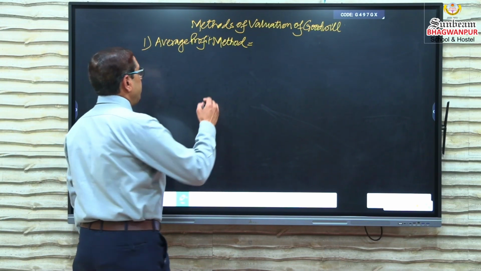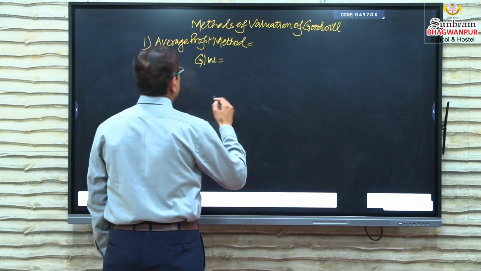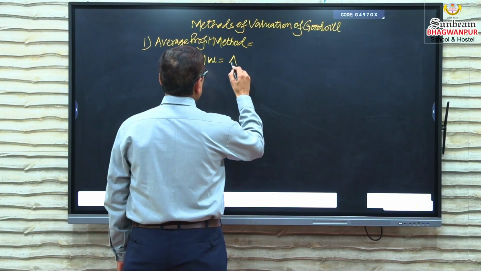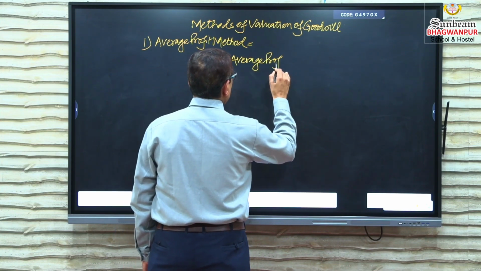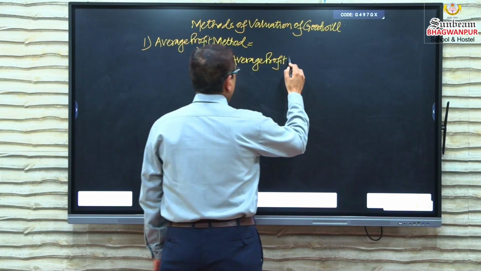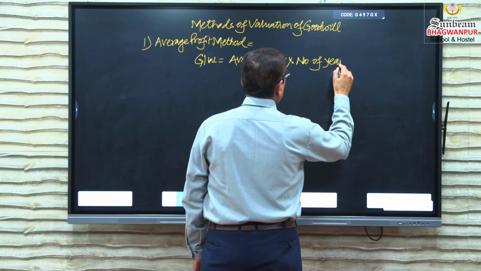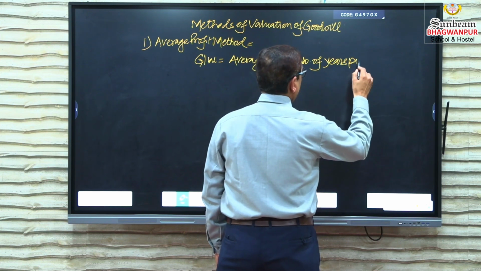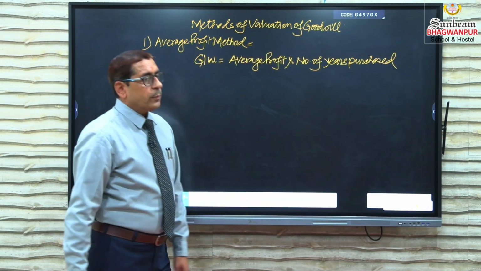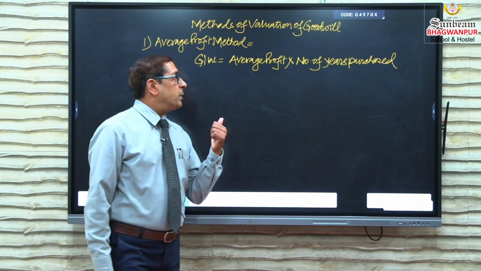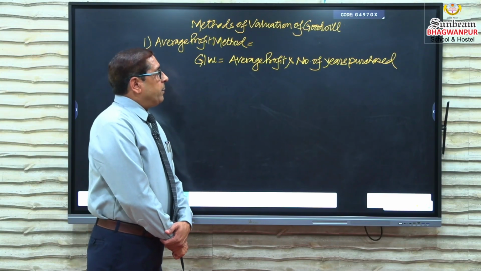Under the average profit method, goodwill is equal to average profit multiply number of years purchased. The formula for calculating goodwill is average profit multiply number of years purchased.